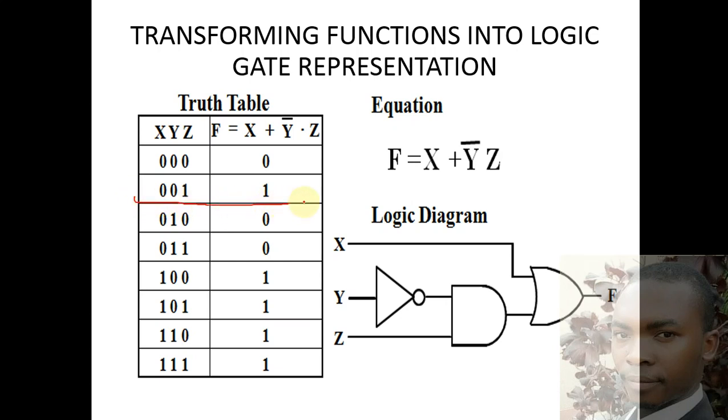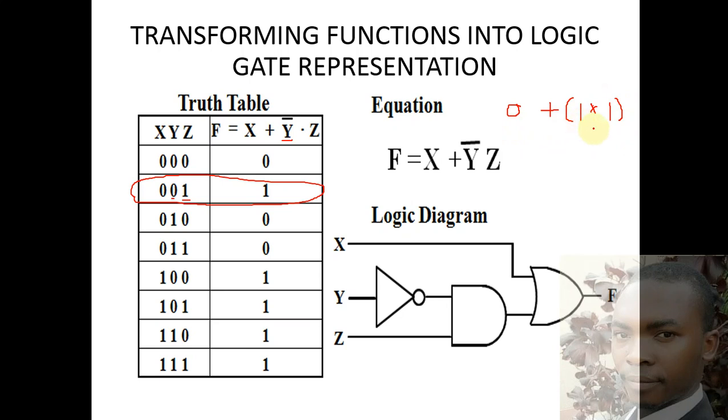Let's have another example for us to understand very well on this line. For example, how do we get this? Of course, the x is 0, you put it there, and then we have the AND, this value, which is not y, and y is 0. So if this is 0, then not becomes a 1, and then times the z, and the z is 1, so I put here 1.